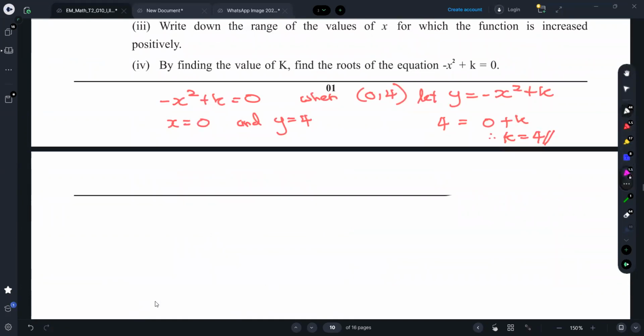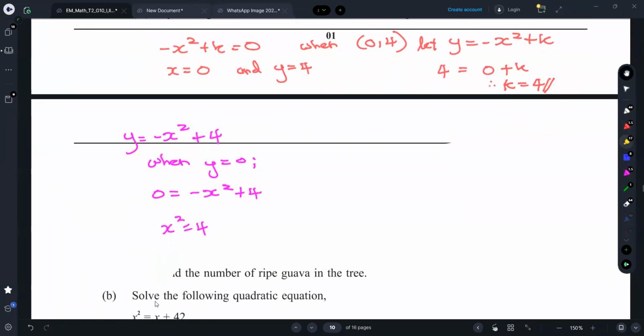Then we can do something like this. y equals minus x squared plus 4. When y equals 0, 0 equals minus x squared plus 4. Here we can take this x squared to this side, and x squared equals 4.